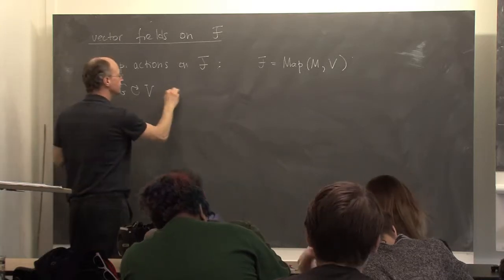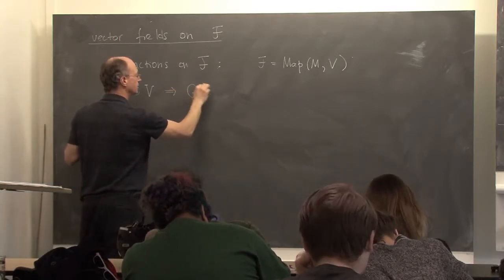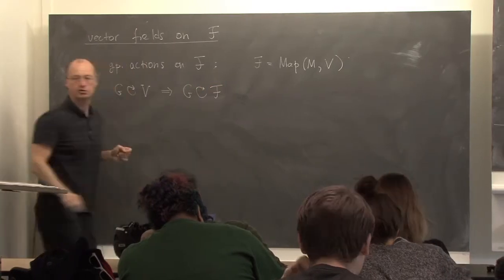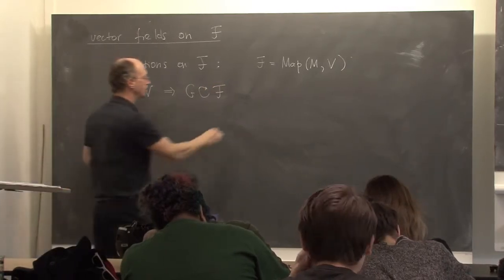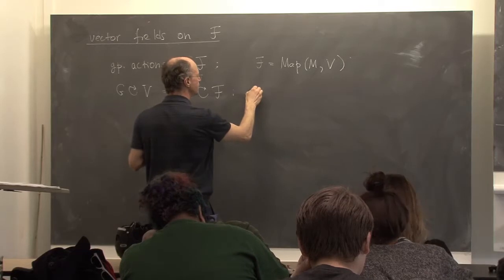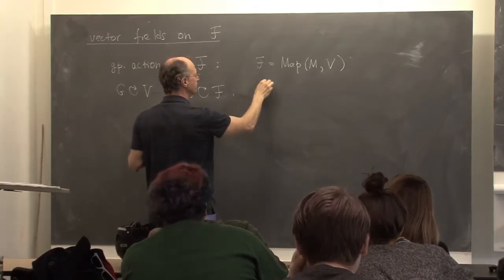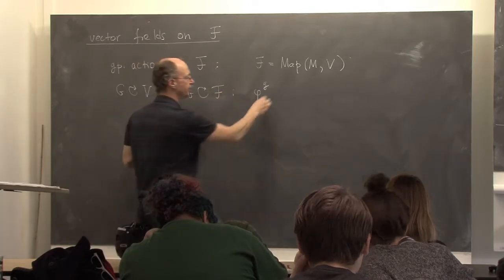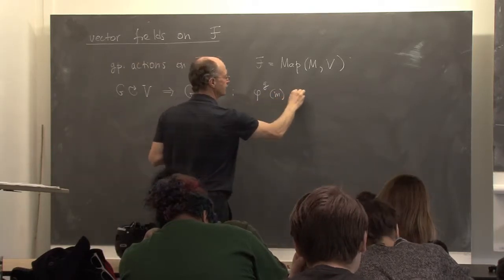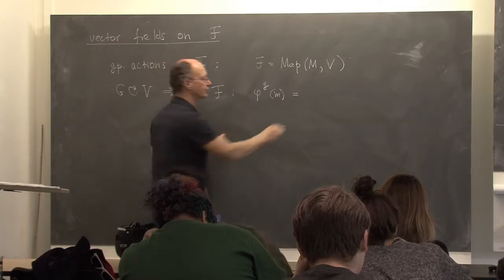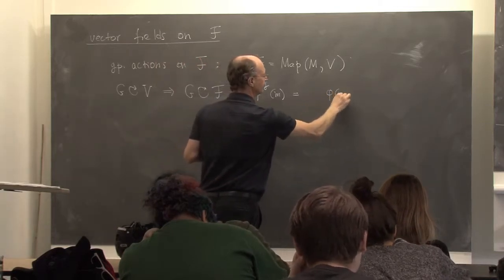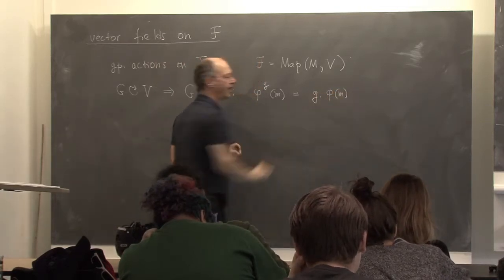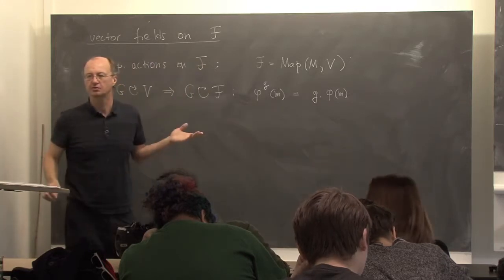This induces a group action on F by an obvious formula. You take your map phi and act on it by the group element g, which should give a new map. What is this new map? Take the value of phi at M and act on it by the group element.